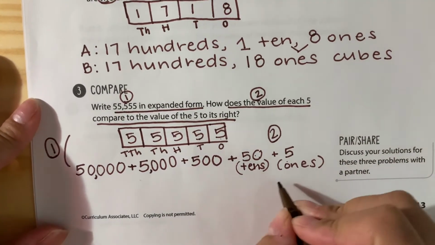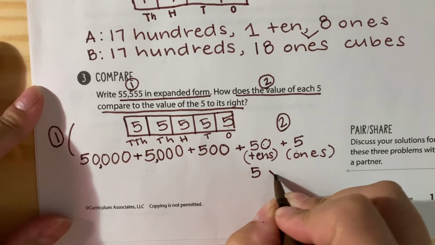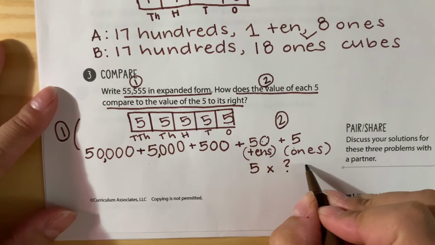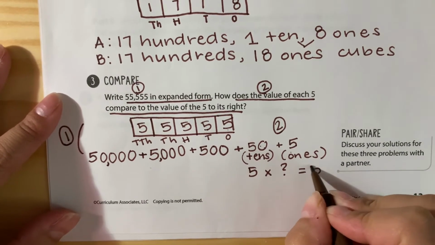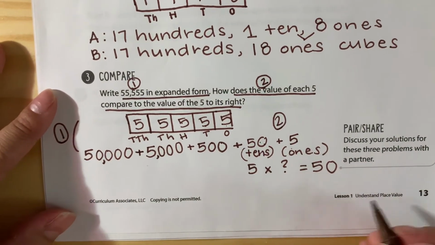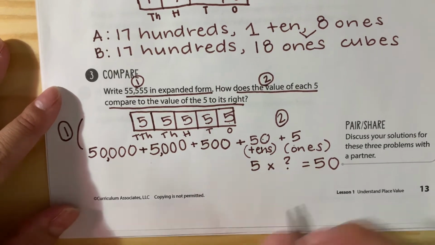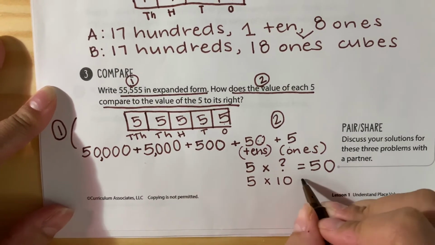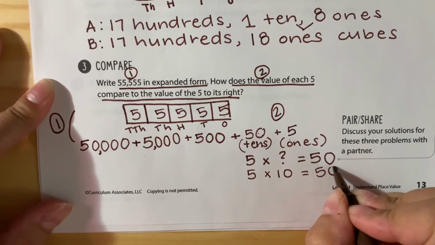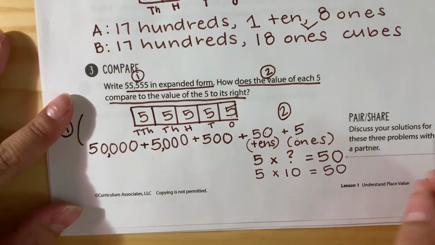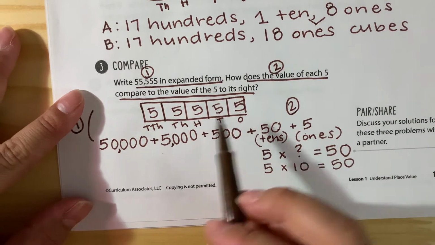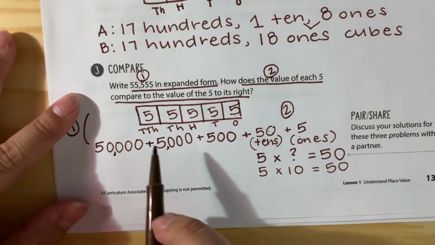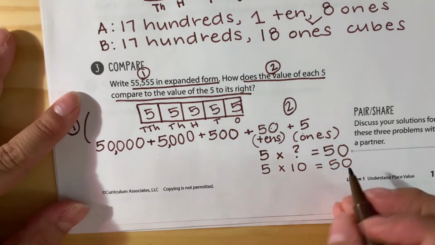So we have to think 5 times what, I'm putting a question mark because we don't know, gives us 50. And because we know our multiplication facts and all the rules of multiplication, we know that 5 times 10 gives us 50. So that means that every value of a 5 is 10 times more than the 5 to its right.